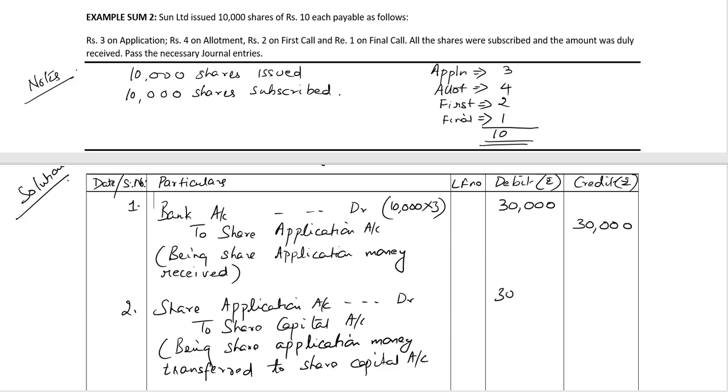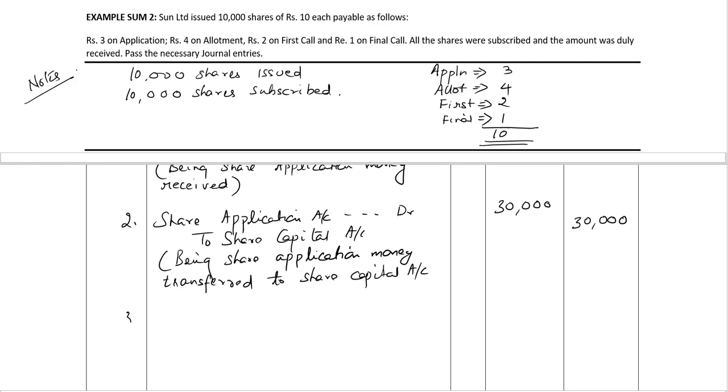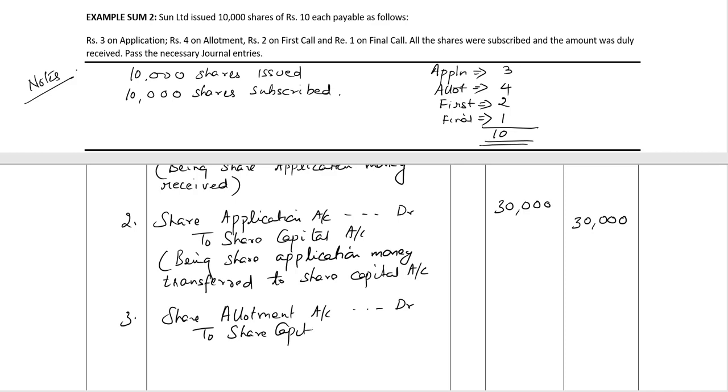The amount of application money is 30,000 rupees. The shares have been allotted, so the allotment money becomes due. Share allotment account debit to share capital account.